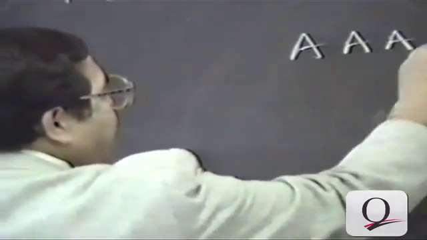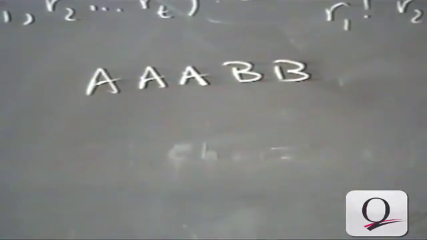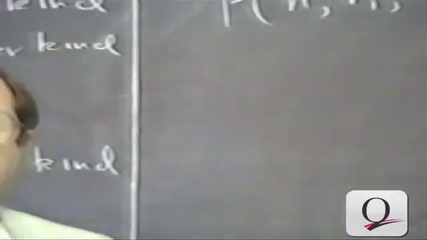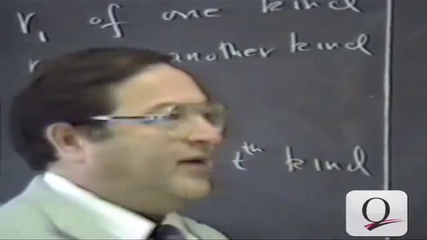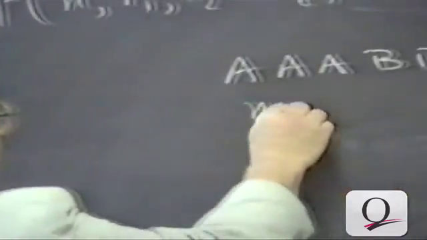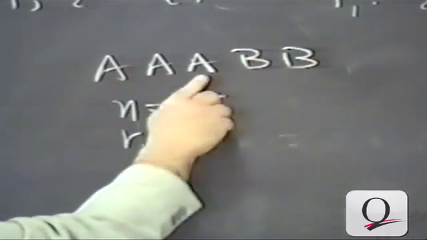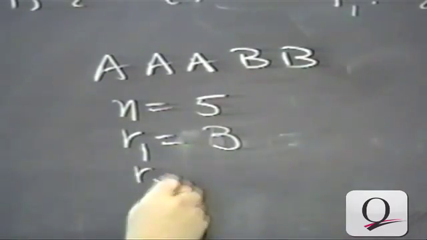So let's see now. Suppose I did have AAABB, and I'd like to know how many permutations I can make of this group. Now I know, again, if they were all different letters, I would have had 5 factorial permutations. Here, however, I have 5 objects, 3 of this kind, and 2 of this kind.